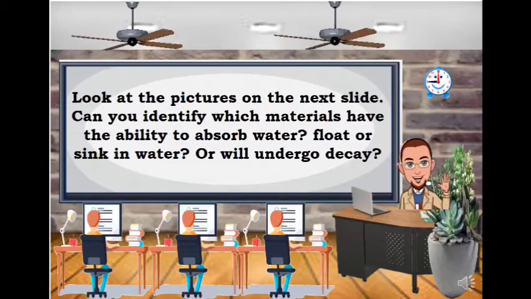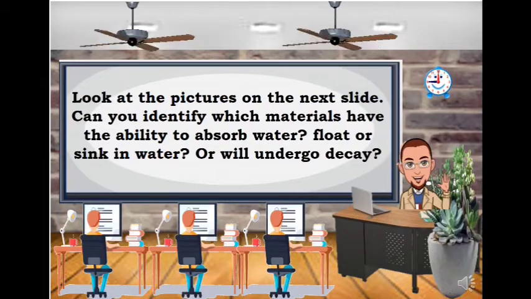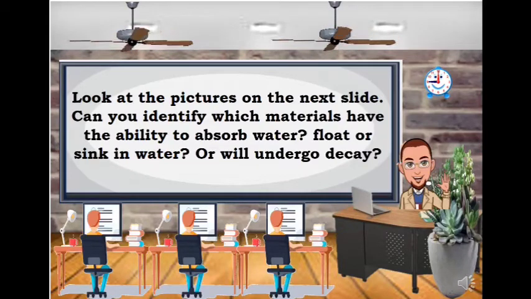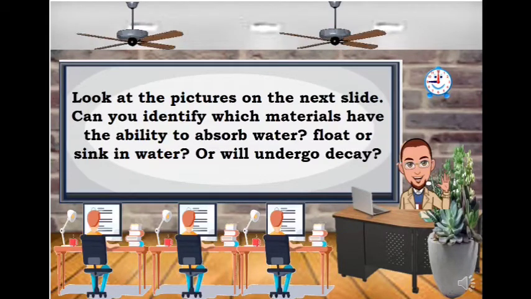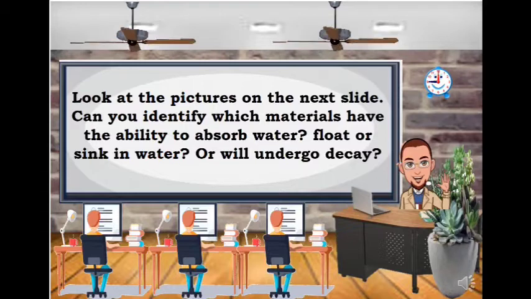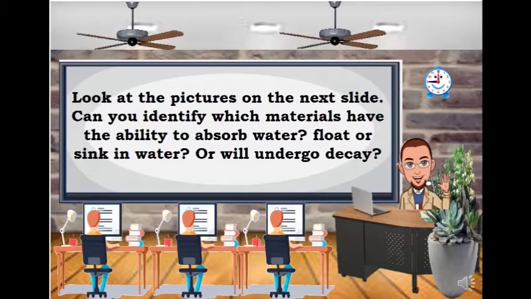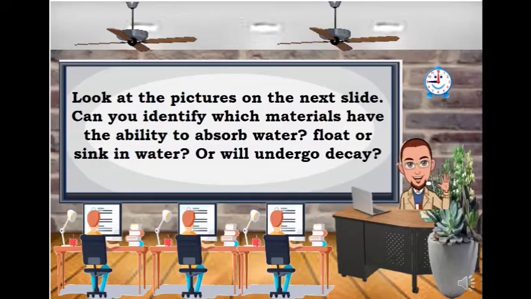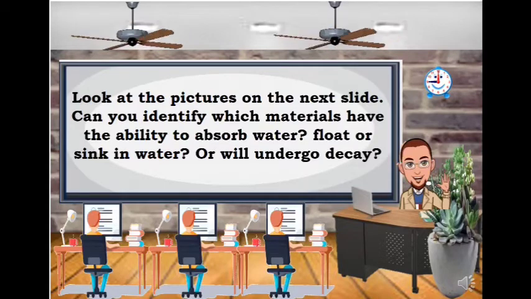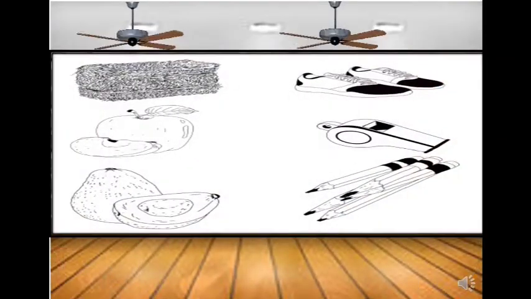Look at the pictures on the next slide. Can you identify which materials have the ability to absorb water, float, or sink in water, or will undergo decay? So, alin sa kanila ang nag-a-absorb, nag-float, at nagsisink or nag-a-undergo ng decay? So, alin po dyan?